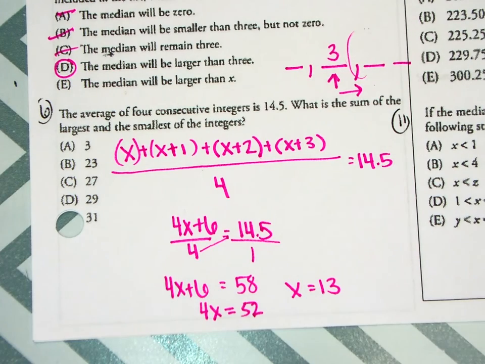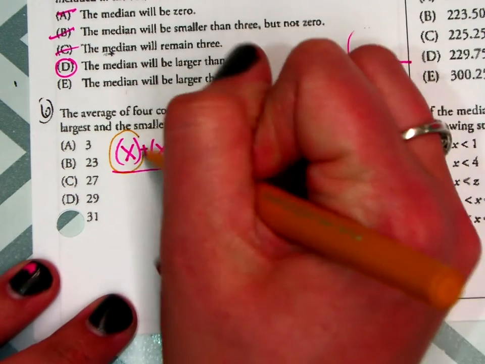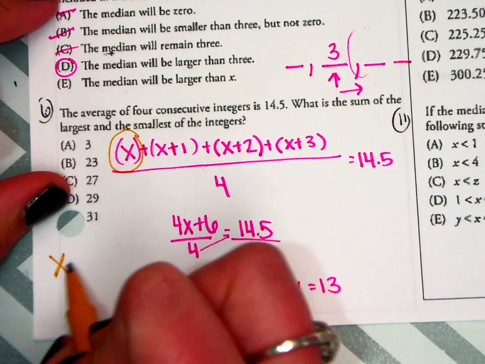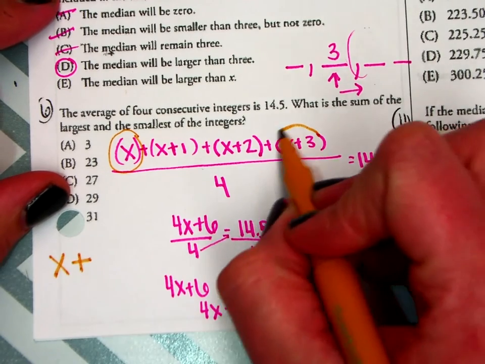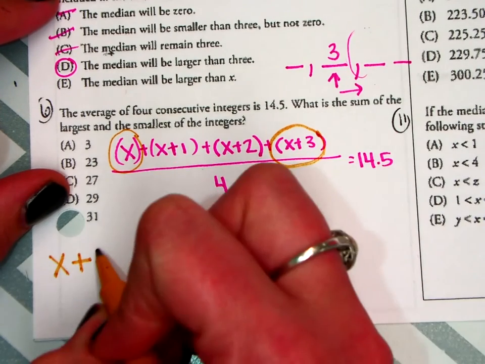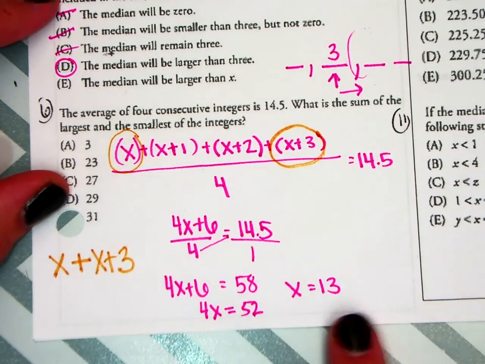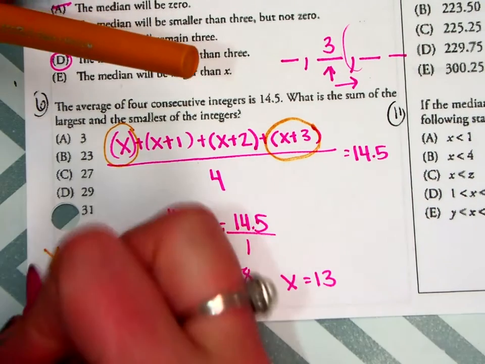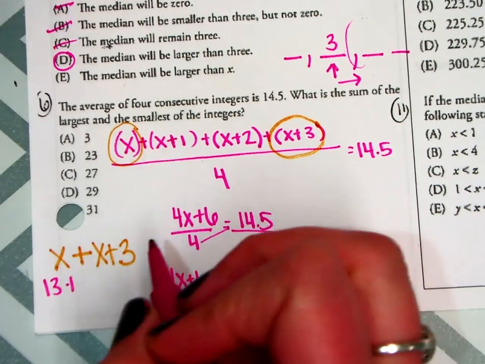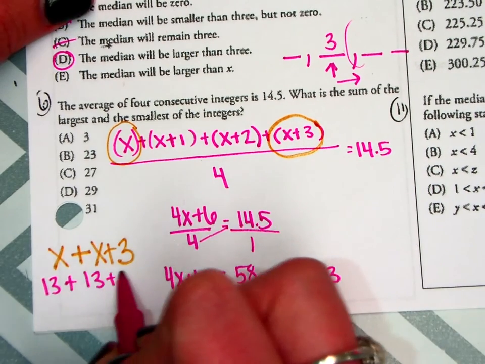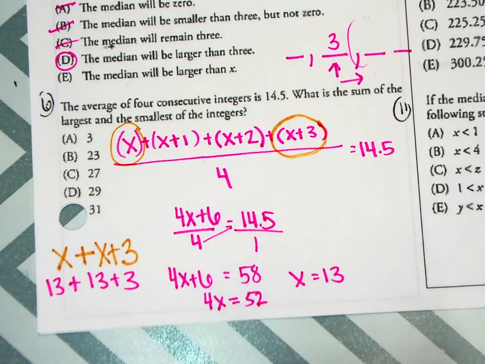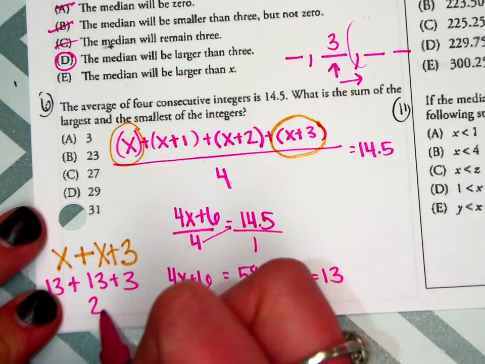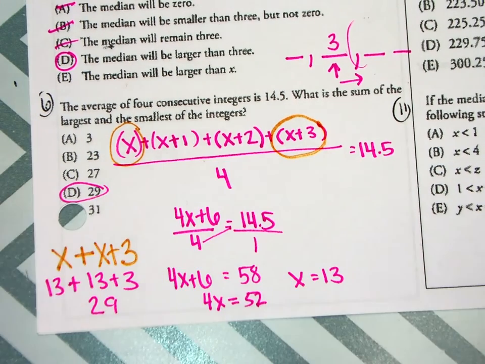Well, if we're dealing with consecutive integers, our smallest number is the first, x, plus the largest number, which is x plus 3. Well, we know that x is equal to 13. So basically what we have now is 13 plus 13 plus 3. So 13 plus 13 plus 3 is 29. So the sum of the largest and the smallest integer is 29.